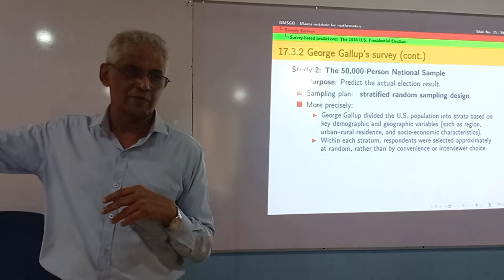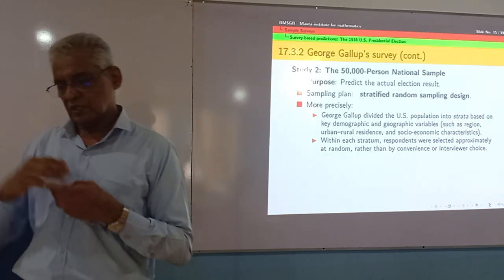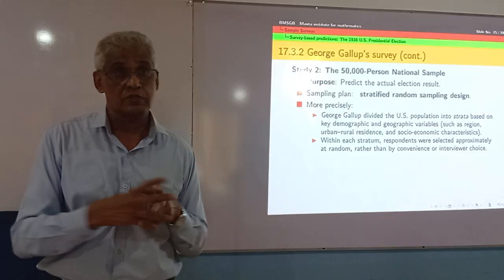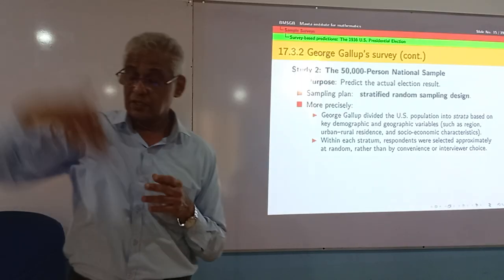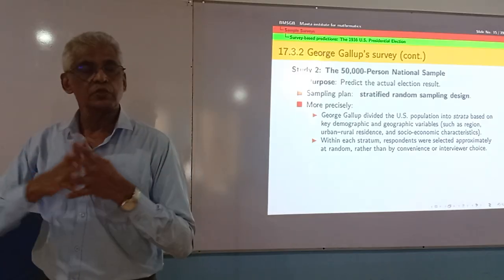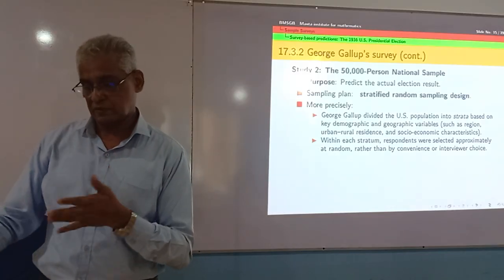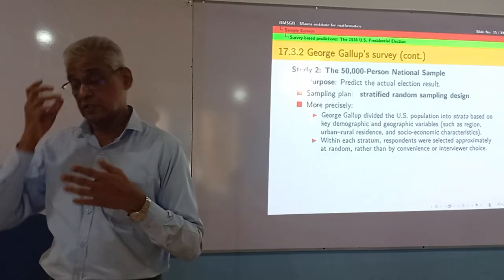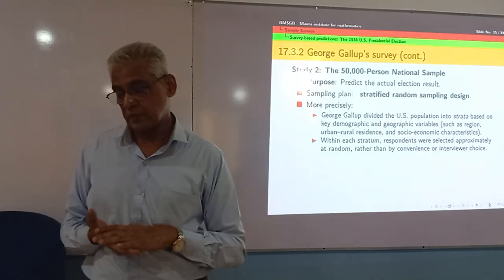It was predicting that Landon would win. So again, this shows he used only 50,000 instead of 10 million. He used only 50,000 people, and he used a random sampling method. The stratified random sampling method is a random sampling method, and it gives you a representative sample.